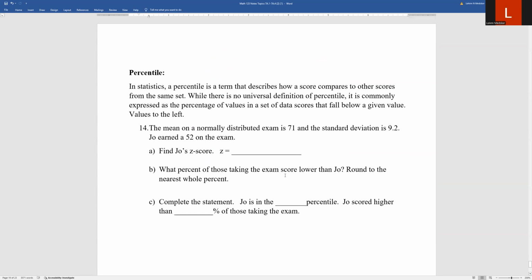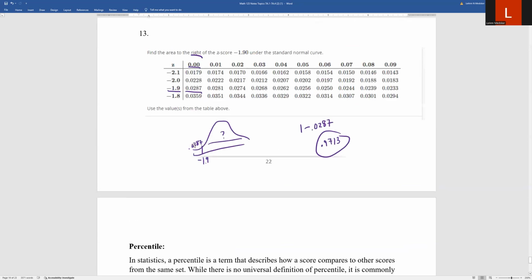Okay, and then the last thing, this is it for all the notes. Percentile. Percentile is directly related to what I was just saying. That's why I sometimes call these percents because they're in decimal form right now. This is about 2.87% if I change it to a percentage. A percentile tells you what percentage of people scored below you.